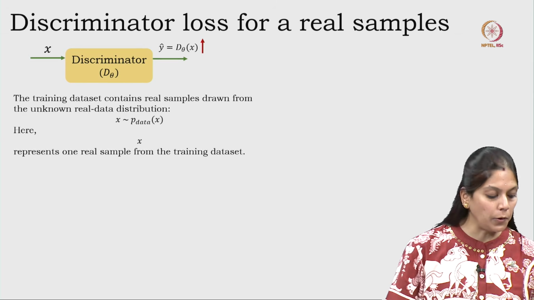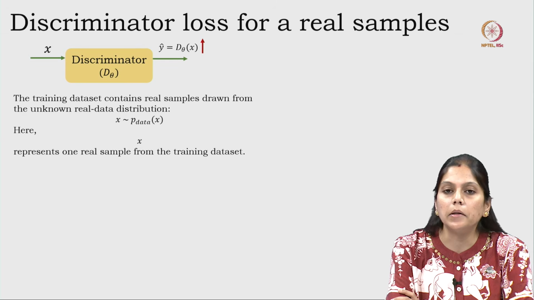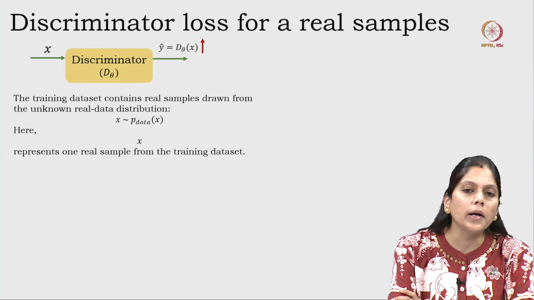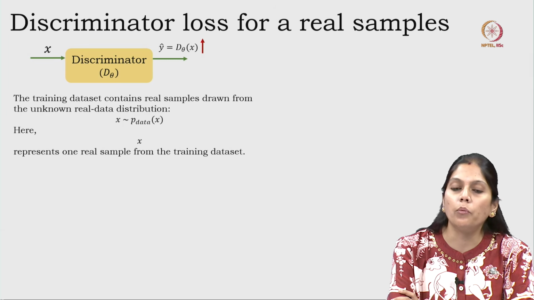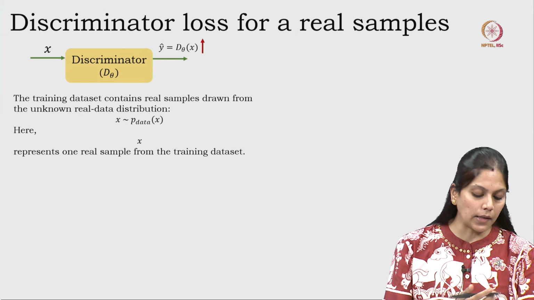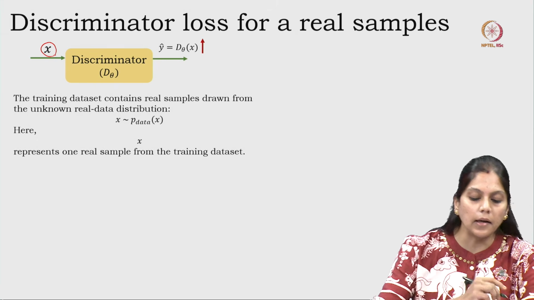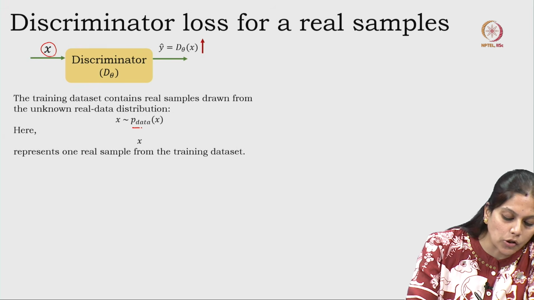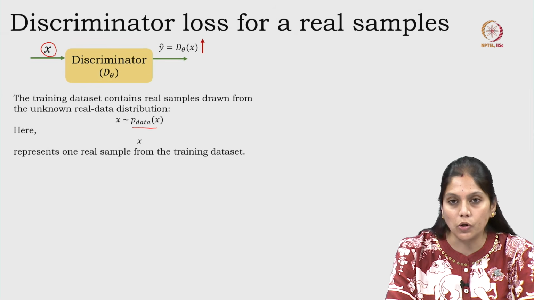If you look at this particular slide, what we are looking at is the discriminator loss function. The discriminator has two parts. One is where we pass the real samples. The training data set contains the real samples, which are drawn from an unknown real data distribution.